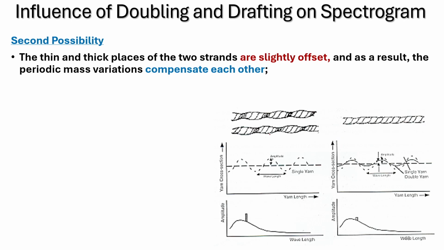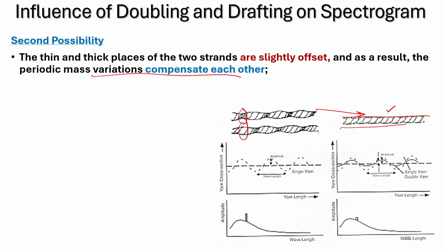Now, this is offset, so the thin place is mixing with the thick place of the other sliver. So, finally what do we get? We get this type of sliver with a relatively even product. That is the target of the drawframe, and the various mass variations compensate each other.